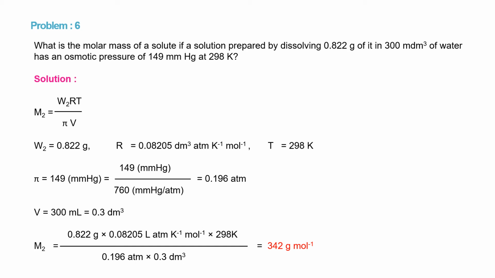So M2 is 0.822 into 0.08205 liter atmosphere per Kelvin per mole into 298 upon 0.196 into 0.3 dm cube, which is equal to 342 gram per mole. In this case your weight is given in gram, so that's why your molar mass is also coming in gram, that is gram per mole.